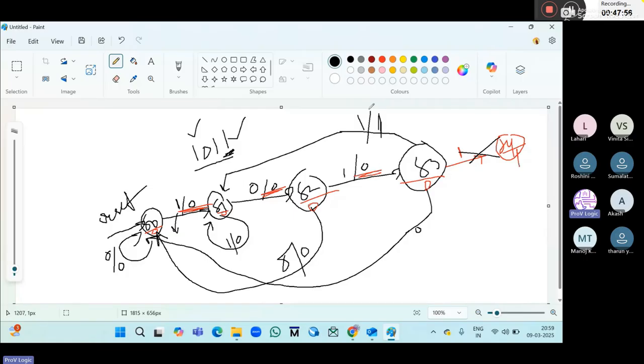For Mealy, here we'll get 0. For Moore, the output doesn't depend on the input. It just depends on the current state value. So whenever we get 1 here, only then will the output be detected, 1 for Moore.